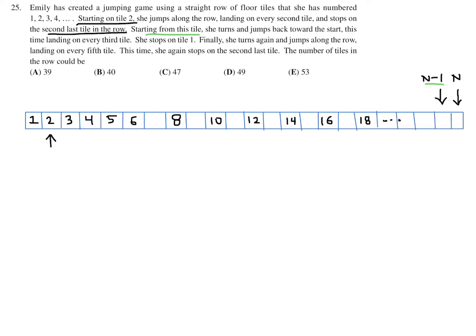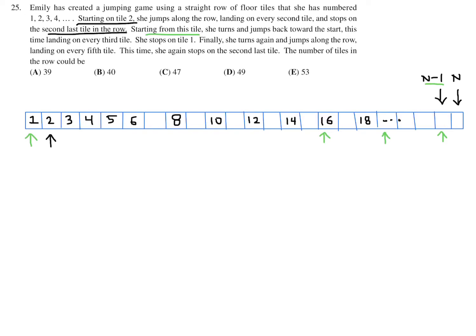So she's going back. For example, if she's here initially, she's going to go 1, 2, 3, and then 1, 2, 3, like that. All right? And then eventually she gets all the way back to 1.